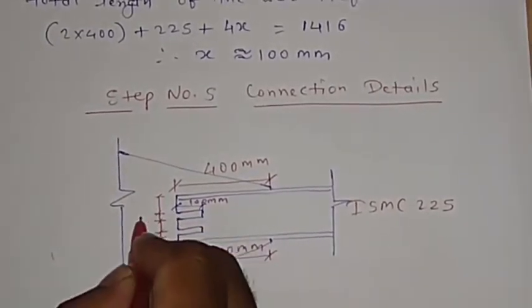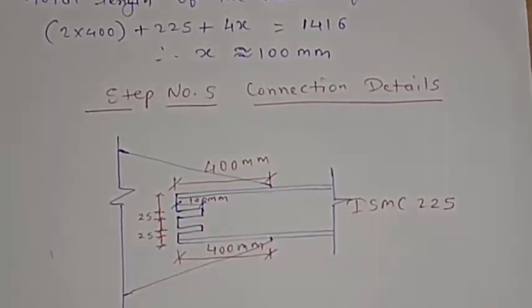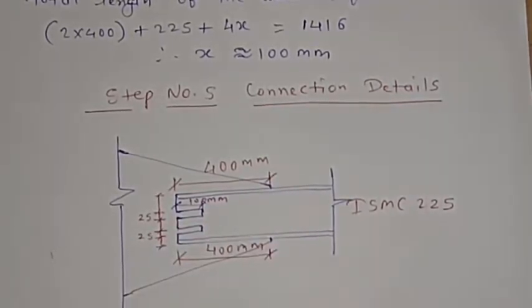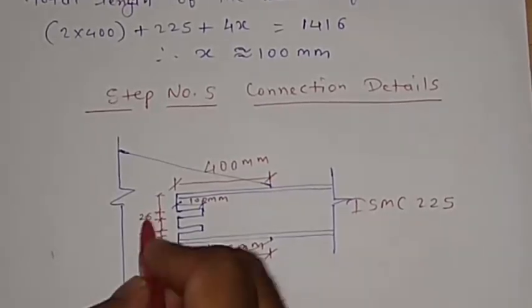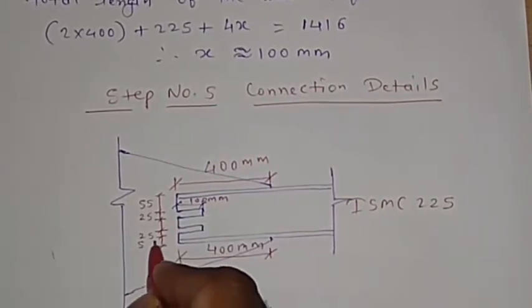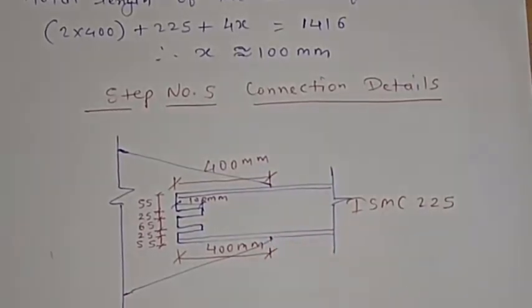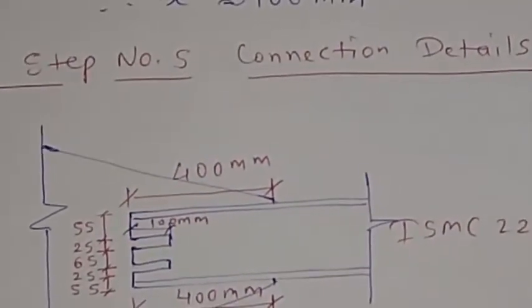When we say this is 25 mm, this is groove of 25 mm, this is 100 mm. So 25 you got here 50, and remaining the distance would be here. So let us say this is 55 mm, this is 55 mm, and this has to be 65 mm. So here you will get like this connection details.